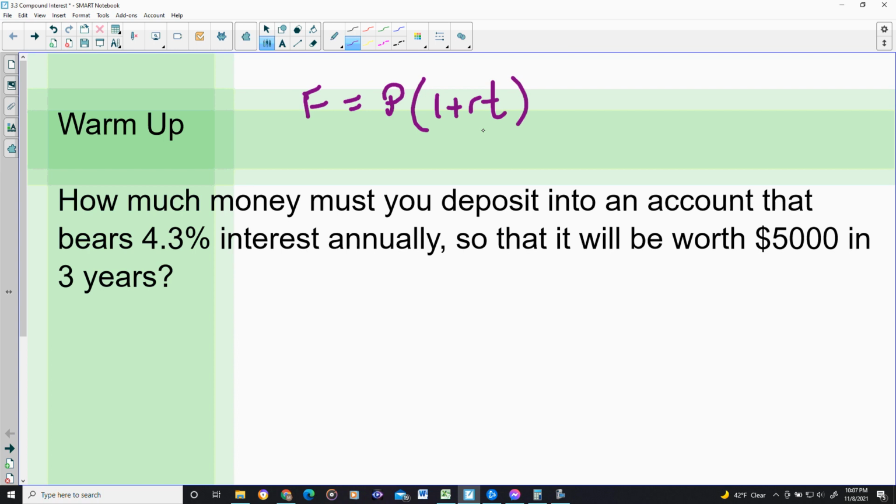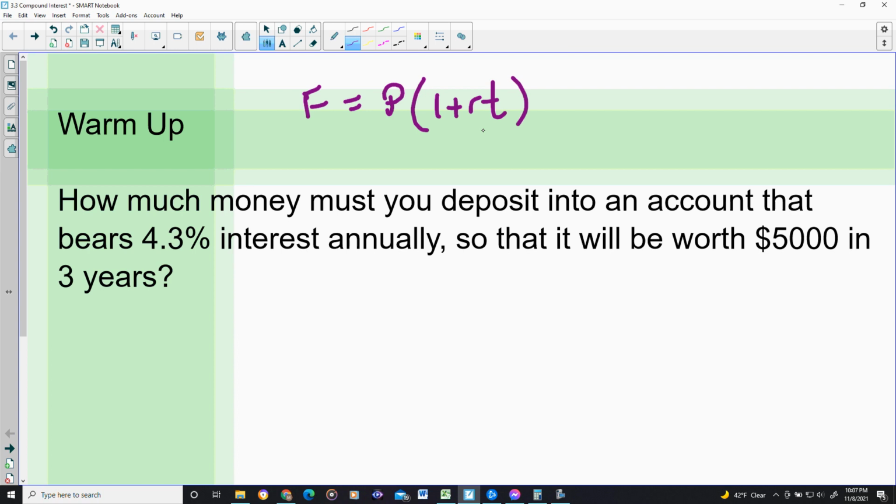The whole idea of the 1, why do we have this 1 plus in there? Well, if you recall, the reason for the 1 is it represents the original value of the loan or the deposit. In other words, the principal value, but at a factor of 100%.